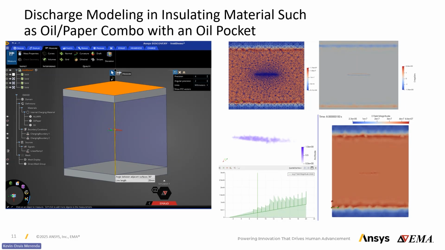If you care about looking at, for example, a manufacturing defect that was generated in insulation that was made out of oil or paper, and then you have a section of the system that's just a pocket of oil, or maybe you have some air pocket in your dielectric surrounding wires or cables, or maybe you have some ceramics that are tweaked in some way based on the dielectric or the potting that is applied to your wires or your conductors.